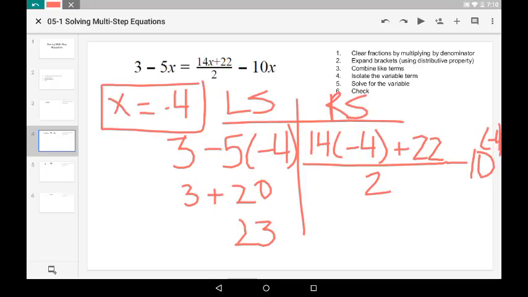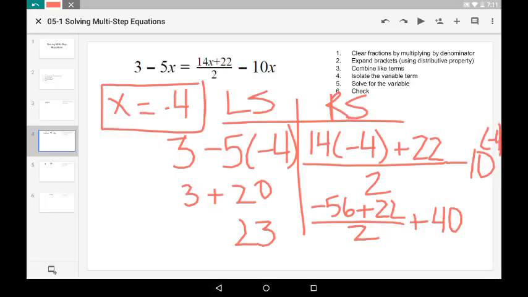So 14 times negative 4 will be negative 56. So negative 56 plus 22 divided by 2. The other term, negative 10x times negative 4 will give us a positive 40.